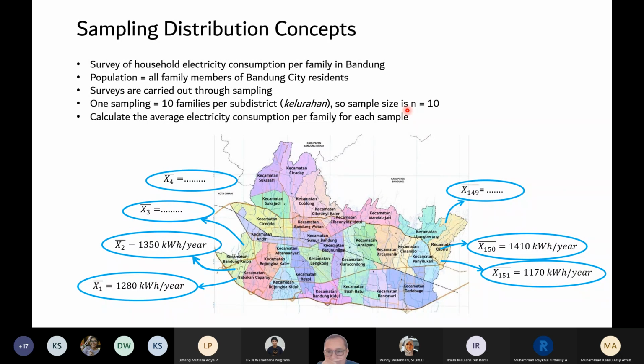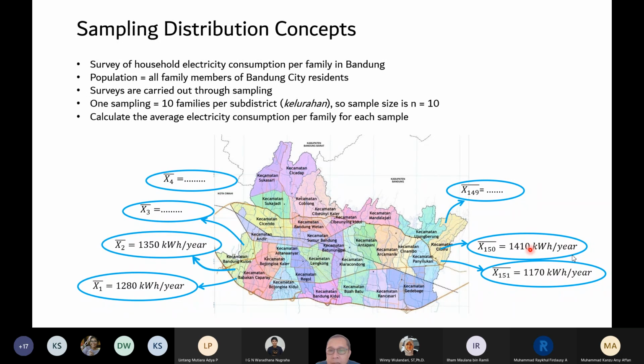Here is an important term: you have to differentiate between sample size and sample number. Because there are 151 kelurahans in Bandung, the number of samples, jumlah sampel, is 151.